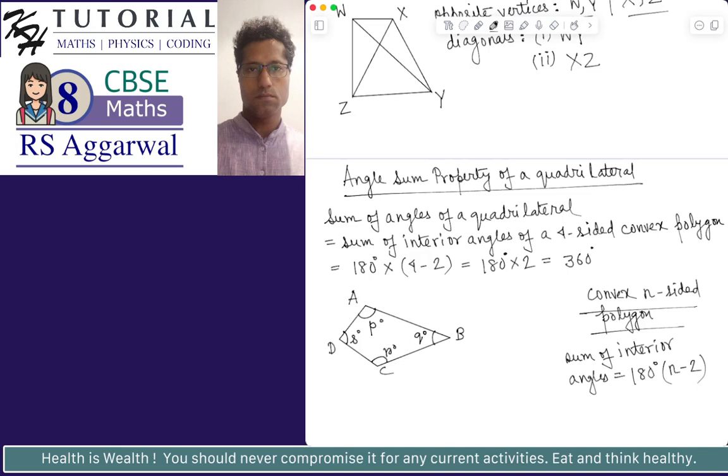We know this. And a quadrilateral is nothing but a four-sided convex polygon.